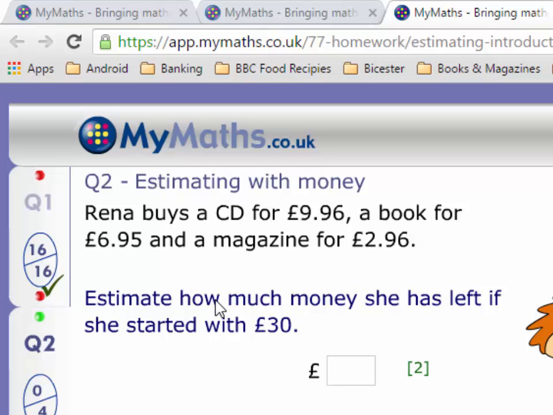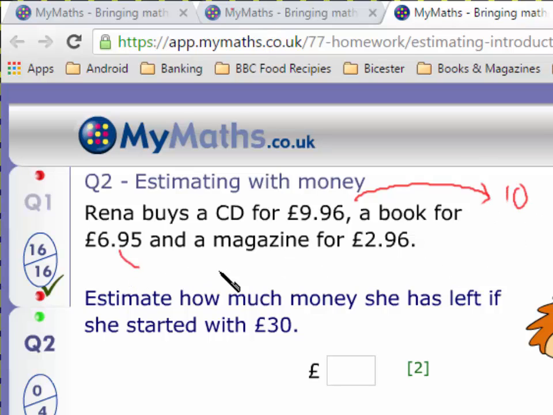So the first thing we need to do is get these numbers into nice simple figures by estimating. So the £9.96 can become £10. The £6.95 can become £7, and the £2.96 can become £3.